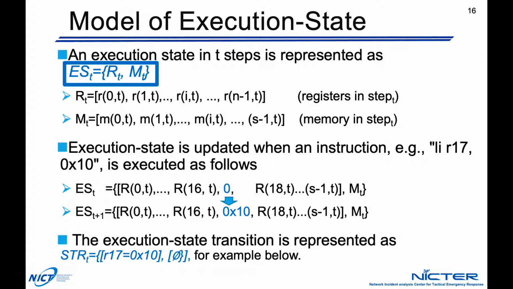In this example, the instruction is load immediate R17 0x10, and the value of register 17 is changed from 0 to 0x10. In this example, the execution state transition is denoted like this.